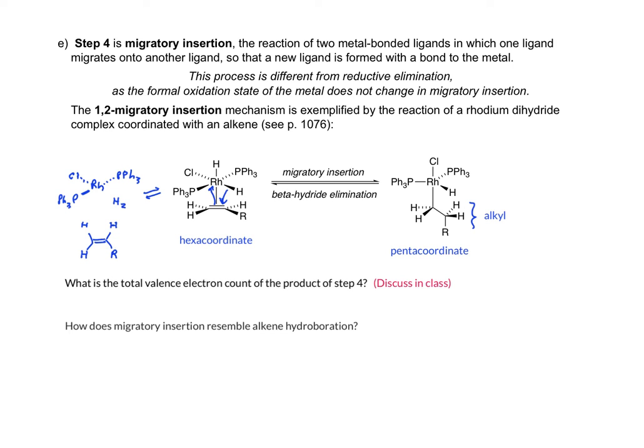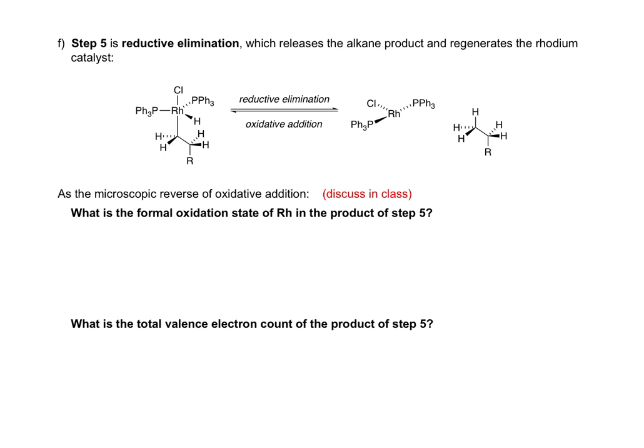Turning to the last page of the worksheet, the final step of the catalytic cycle is reductive elimination. In the reductive elimination step, 2 of the ligands attached to the transition metal form a 2-electron single bond, with 2 electrons returning to an empty orbital on rhodium.